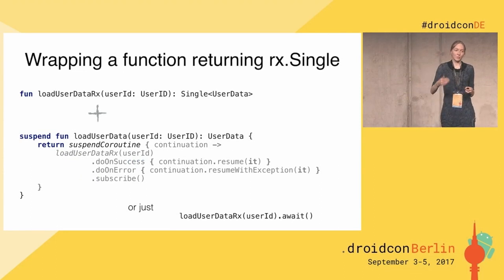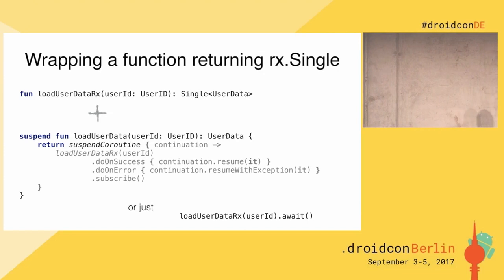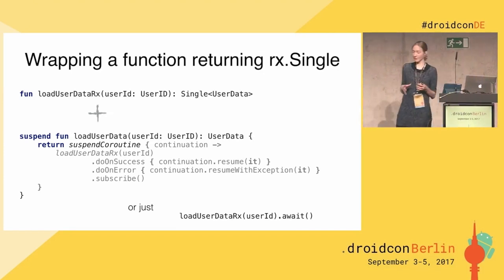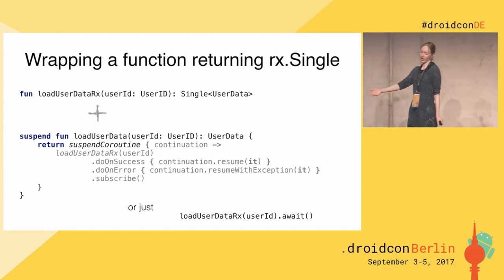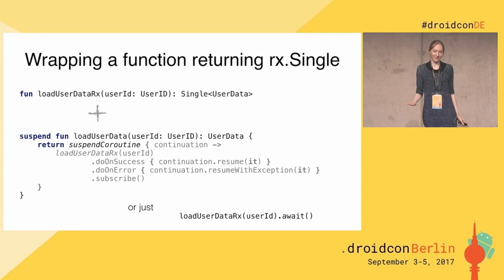The same can be done with RxJava, so you can similarly wrap it. However, with RxJava, there is an await function defined, a suspending await extension function defined in the library. So you can just call await on an Rx Single or CompletableFuture.